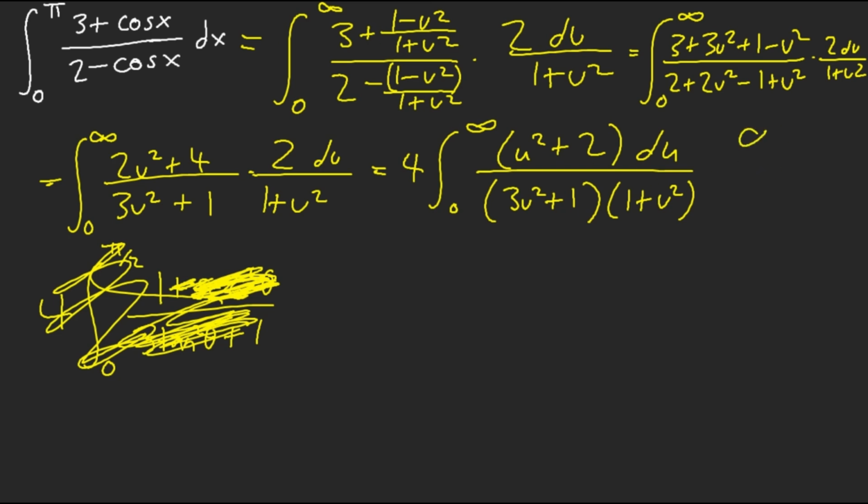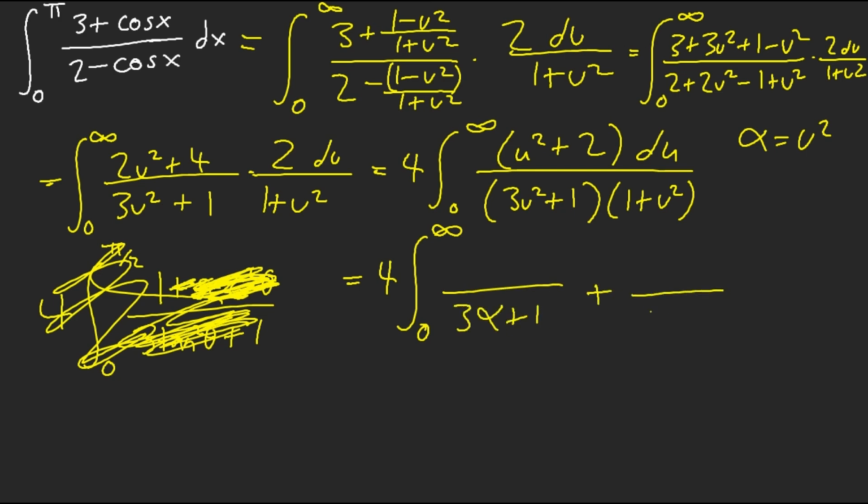Use dummy variables, alpha, from the beginner training, and then 3 alpha plus 1 plus alpha, and then alpha plus 2, minus 1, 1, minus 1, minus 2, minus 1/3.